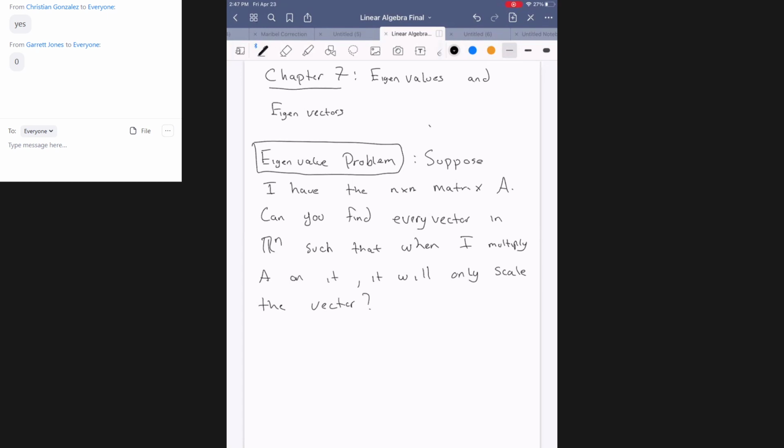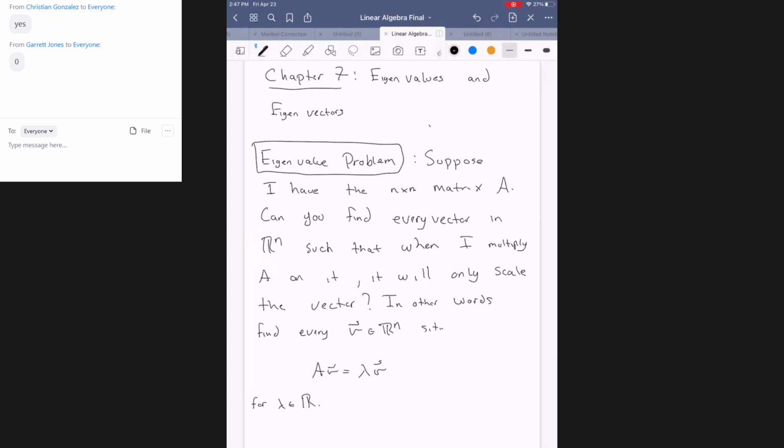If I give you this problem, you'd be asking, how am I going to do that? I have to check every infinite possibility in Rn, right? You can also phrase it as: find every V in Rn such that AV is equal to lambda V, where lambda is a scalar.